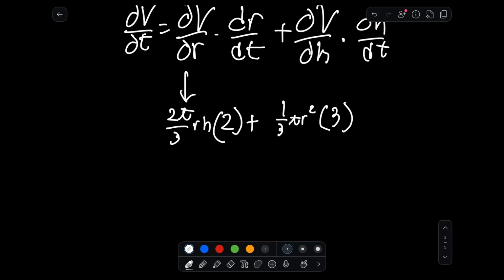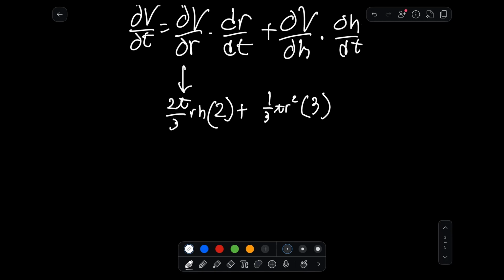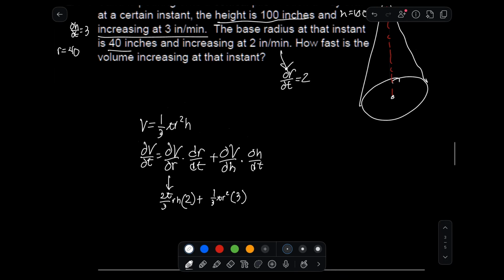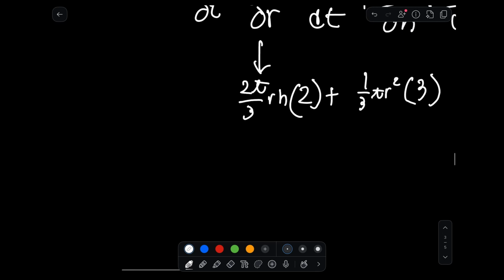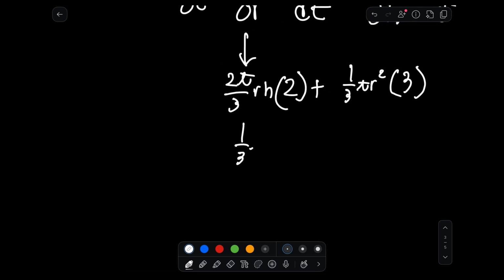And then from here, we can plug in everything that we know. Let's factor out a 1/3 pi real quick.